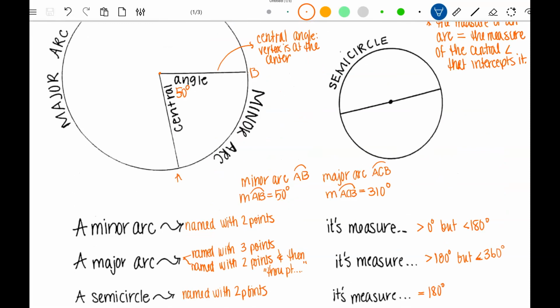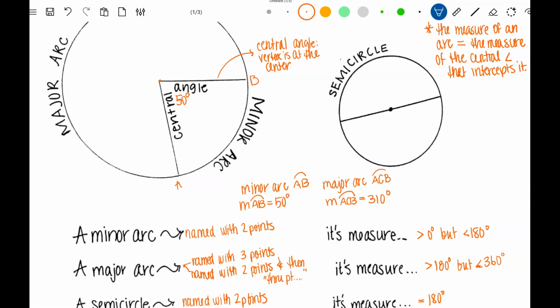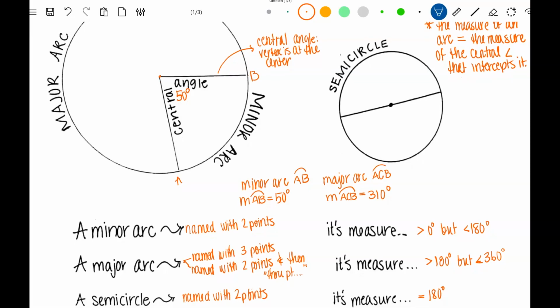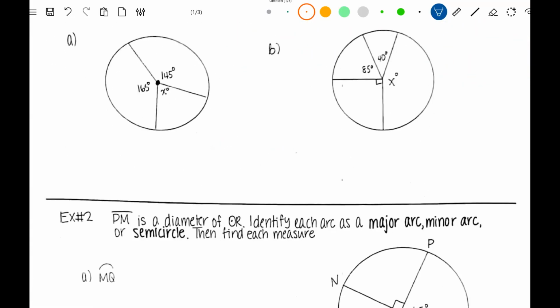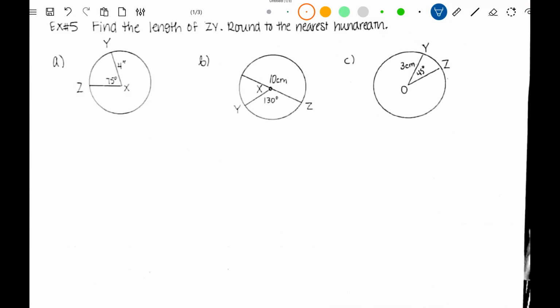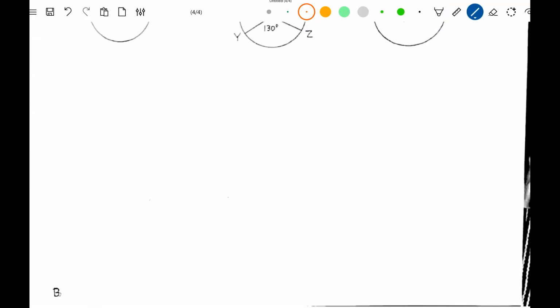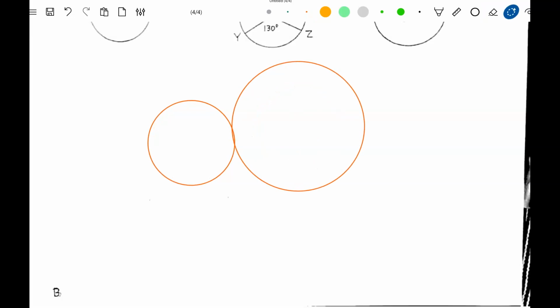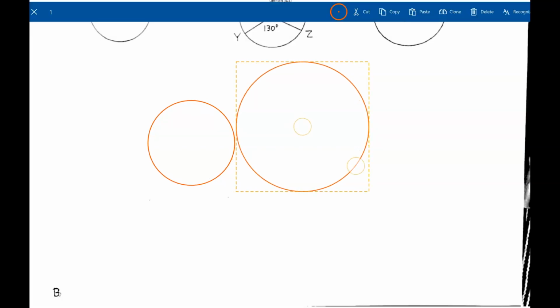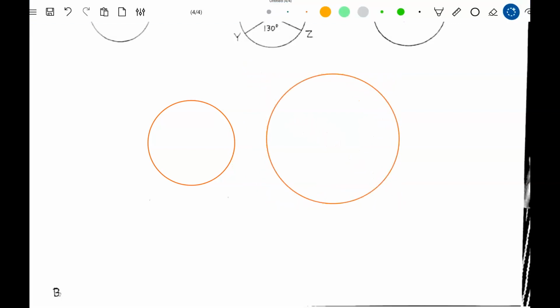Now, the difference between the measure of an arc and the arc length has to do with similar circles, or all circles are similar. But let's go down here real quick. I'm going to draw a couple of circles. All circles are similar because they have a scale factor of pi, and all circles are 360 degrees around.